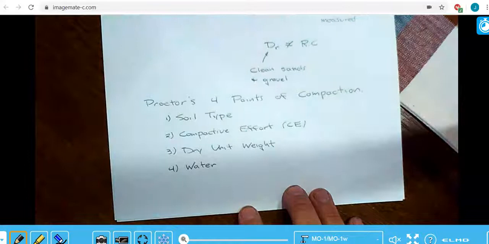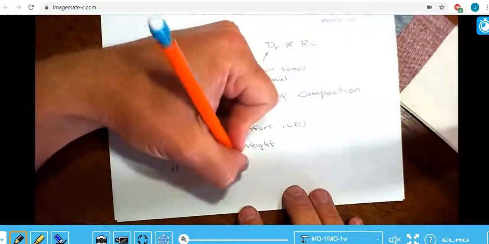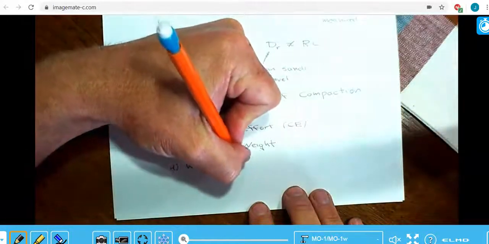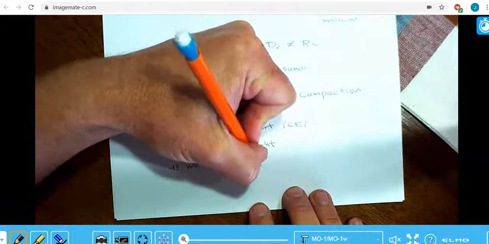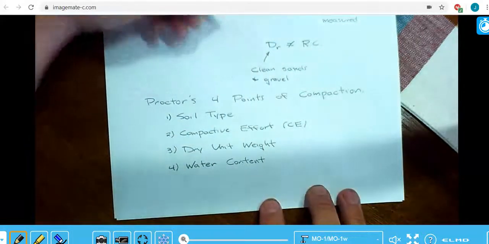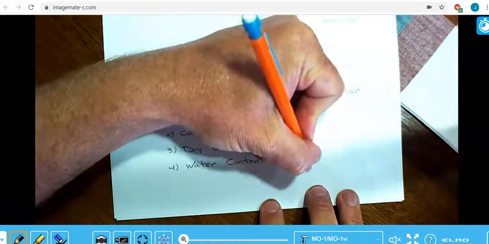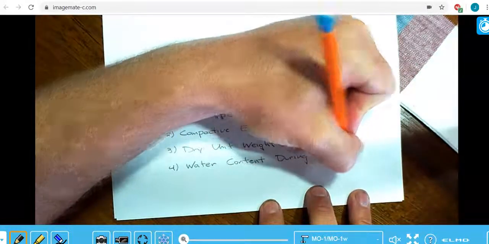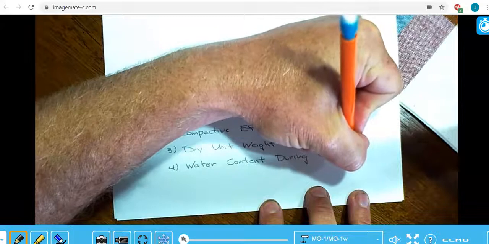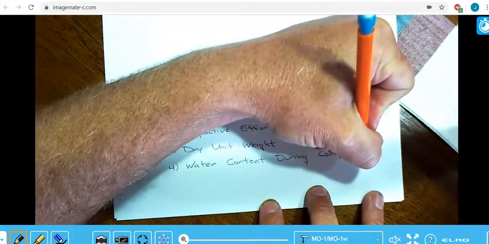Not what's the water content later. We don't care about that. That's something that can change. We're just talking about the water content during compaction. So those are Proctor's 4 points of compaction. I'm going to just write during compaction just to make sure this is emphasized. And I'm calling that the molding water content, like when the soil's molded.